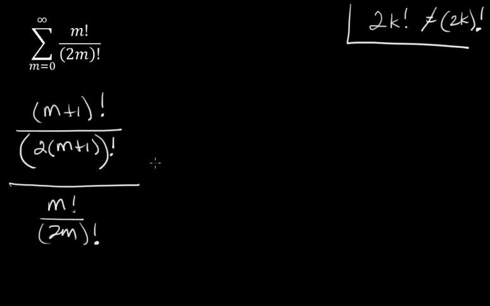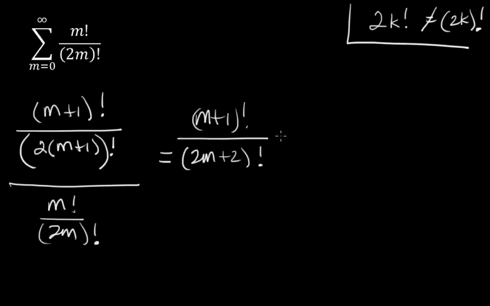Now I usually skip this step and just instead I write m plus 1 factorial over, and since I have written it once, I'm going to write this out as (2m plus 2) factorial times, and inverting, (2m) factorial over m factorial. Okay, well, in yellow, I'll expand this a little bit.